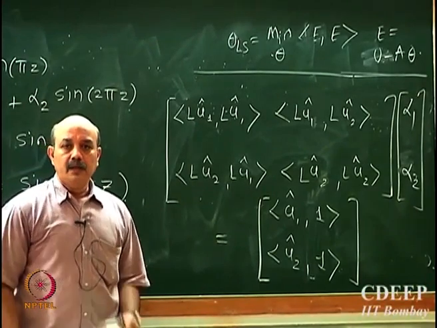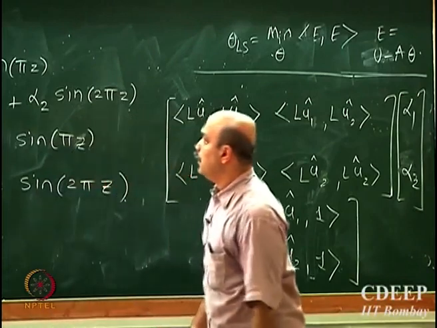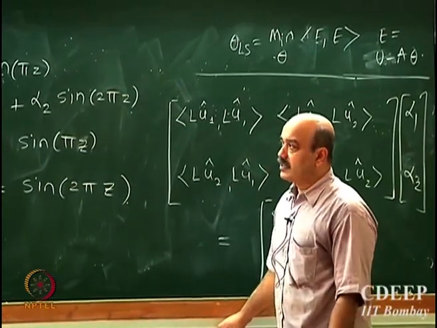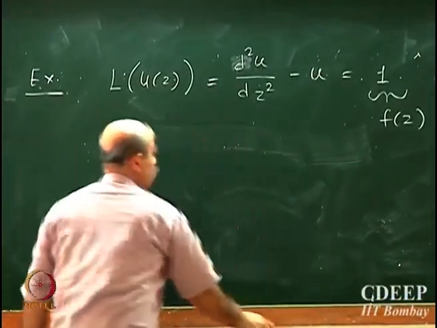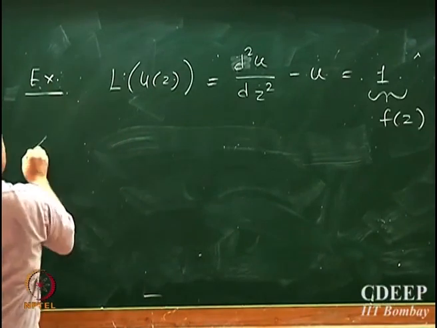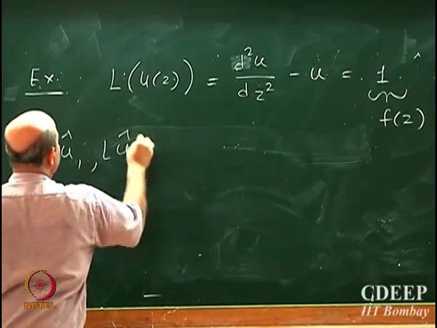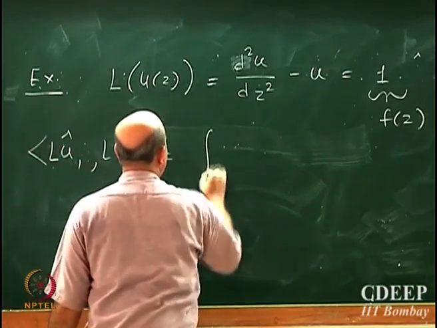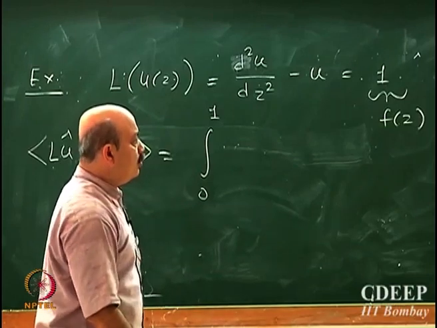So what is the inner product of L operating on u1? What is L? Let's go back here. What is the first inner product? It is L u1 with L u1, the inner product from 0 to 1. What is L u1?